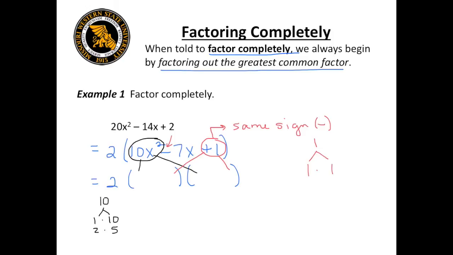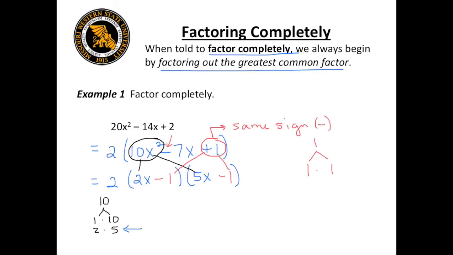So that means we can place minus 1 in the back of our binomials. That helps us to determine which values of the factors of 10 to place in the front with our x. So choosing the factor pair for 10 that involves 2 and 5, let's place 2x and 5x in the front of each of our binomials.